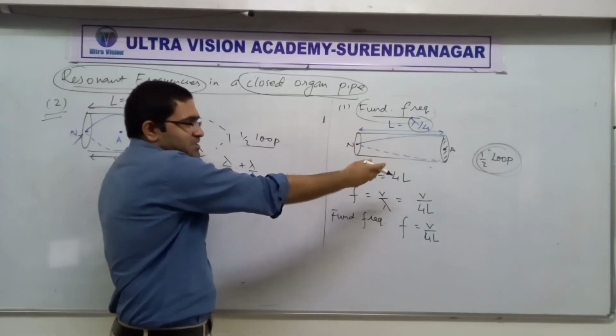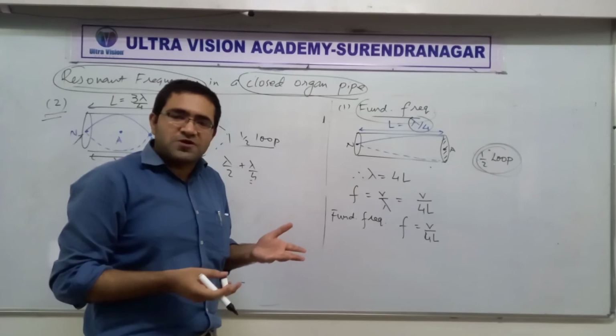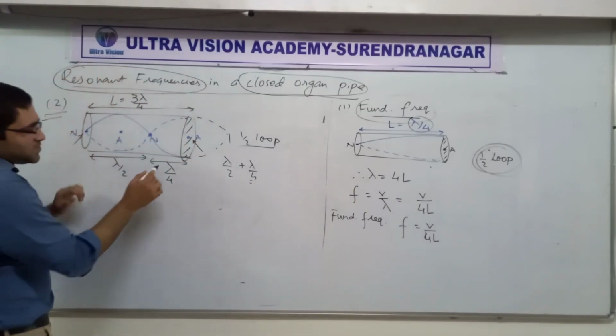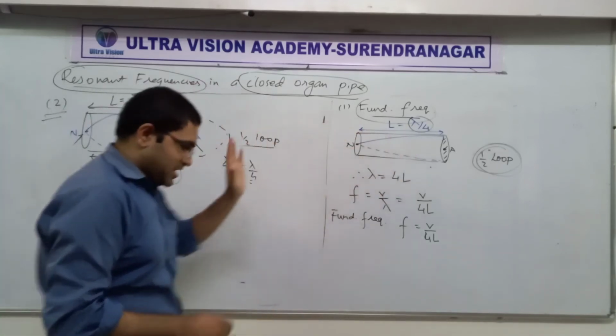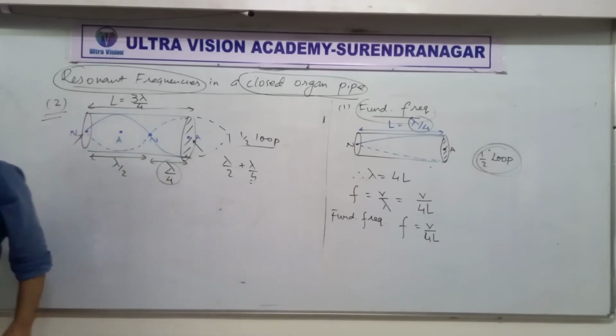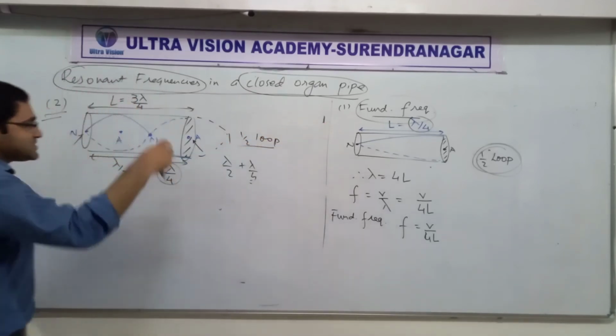So in these two cases, frequency is different and wavelength is also different. Don't let this confuse you. In fact, this wavelength is less than that wavelength. We will see that very soon.